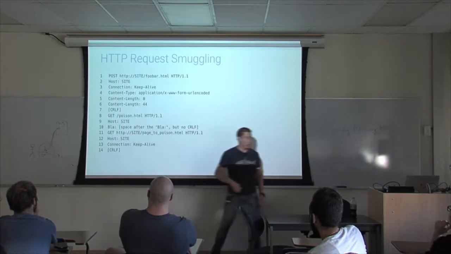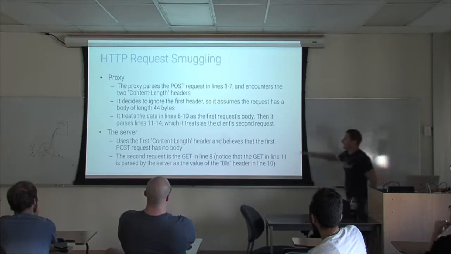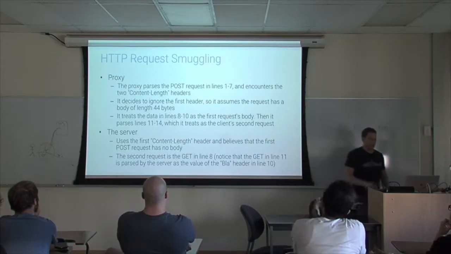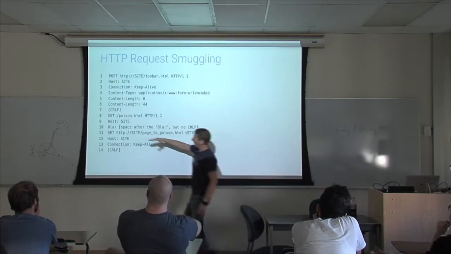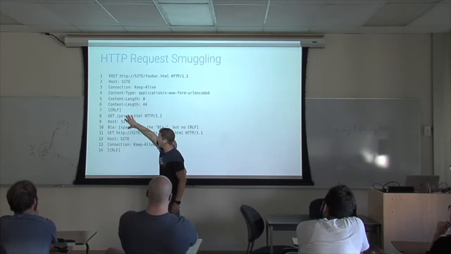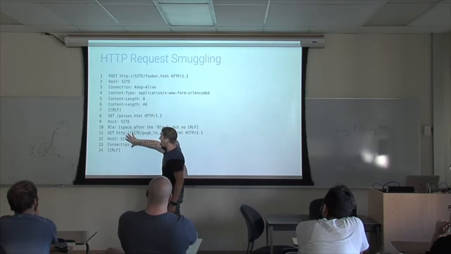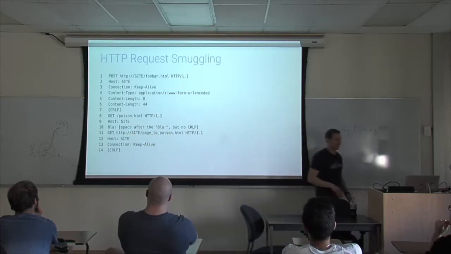Then it will parse the following line, and it will be the client's second request. So it will take the first request up to here, and that's the second request. So we'll say whatever I get first back, I'm going to associate it to that foobar. What I get back the second time, I will associate it to the page to poison.html.